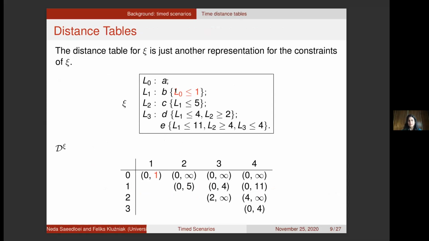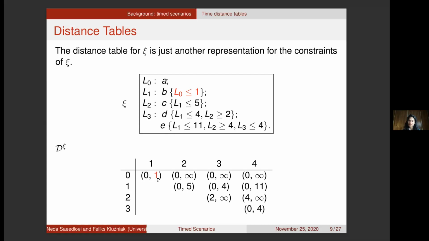For example, here the constraint L0 less than or equal to 1 is represented in row 0, column 1 of the table. And we want that distance to be at most 1. And again, the meaning is that we want the distance between event 0 and event 1 to be at most 1 unit of time.